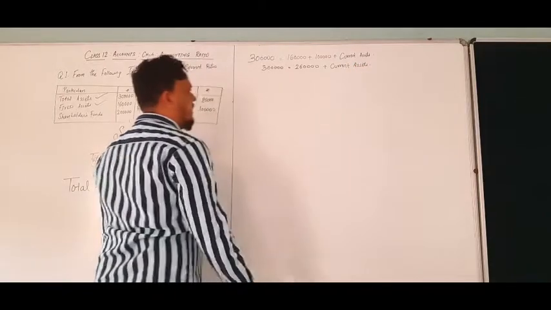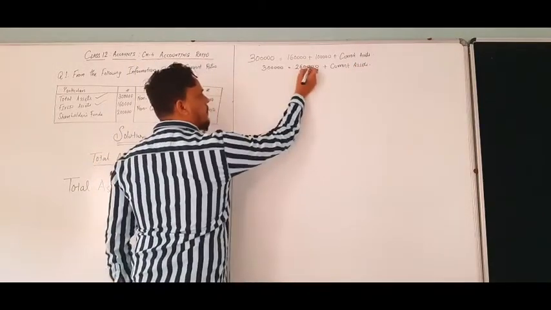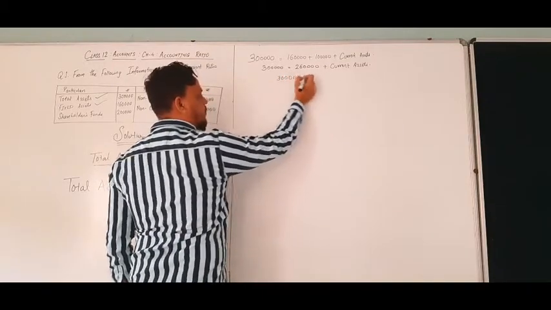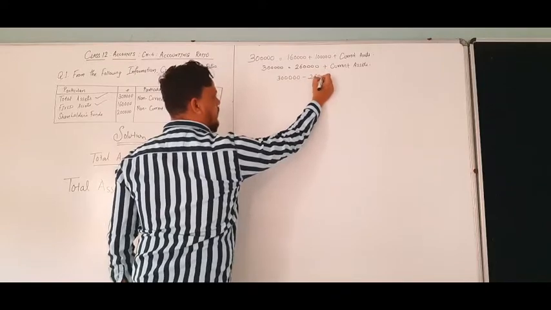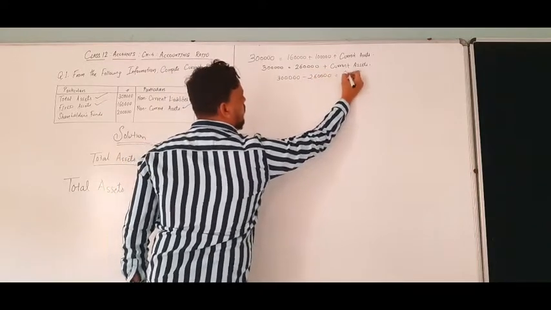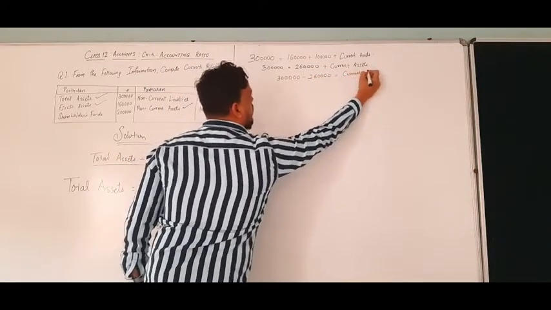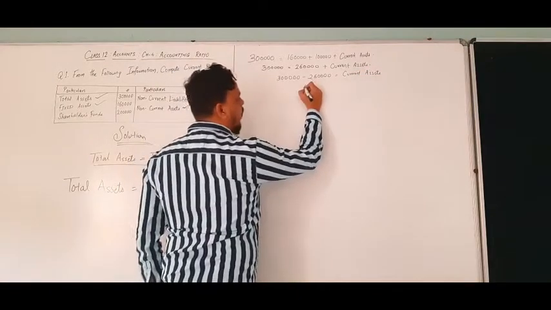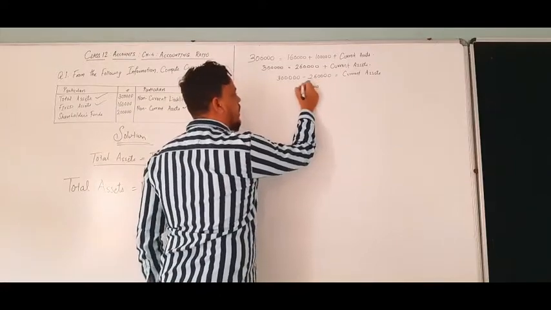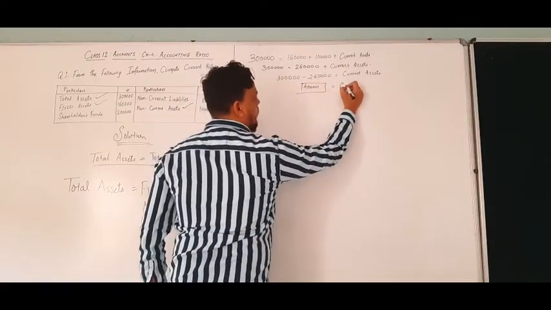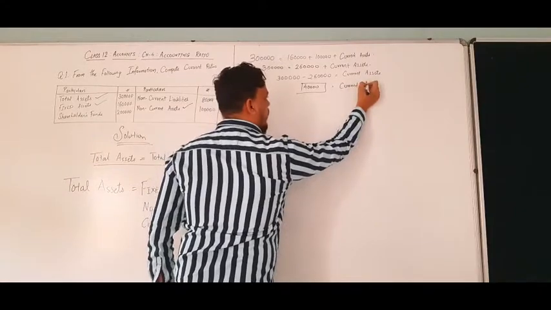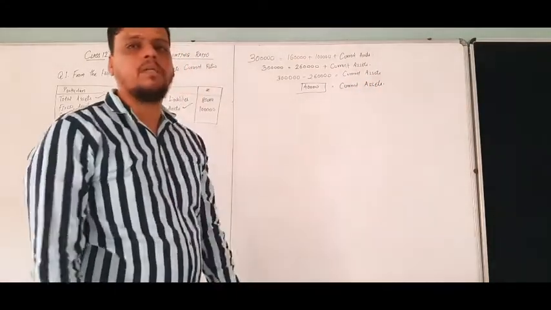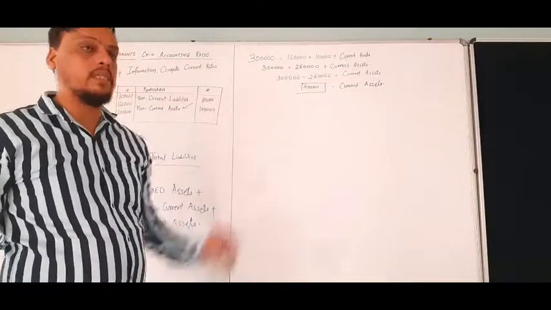For current assets, we take 3 lakhs minus 2,60,000 is equal to current assets. So we get 40,000 as current assets. It would be easy, but you should know how to write it.